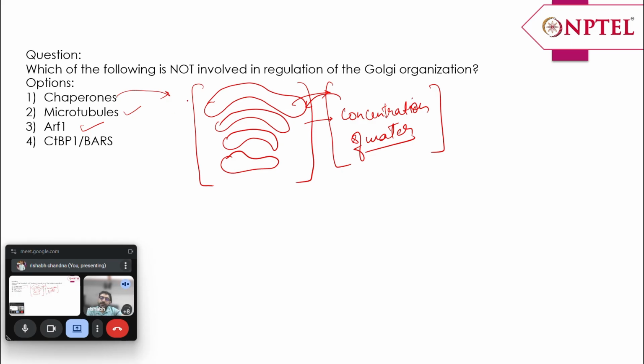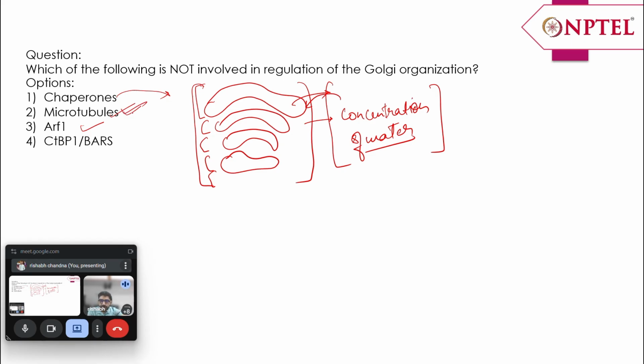Chaperones will only help in protein folding. How do microtubules help? Microtubules help in arranging these particular sacs in an order. That's how a Golgi is arranged inside a particular cell.